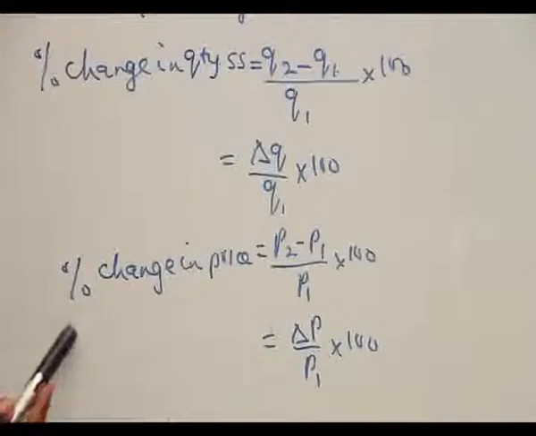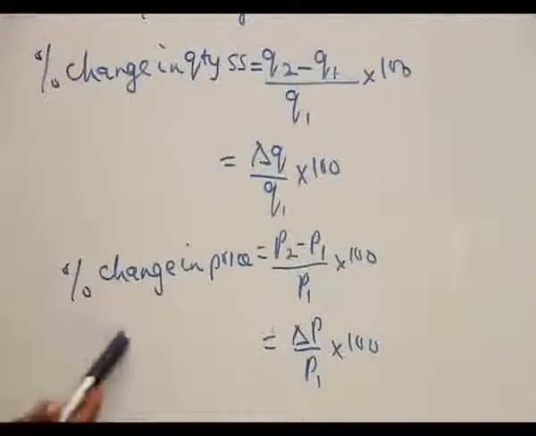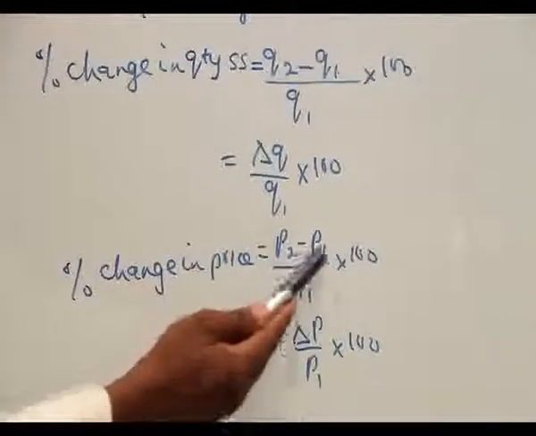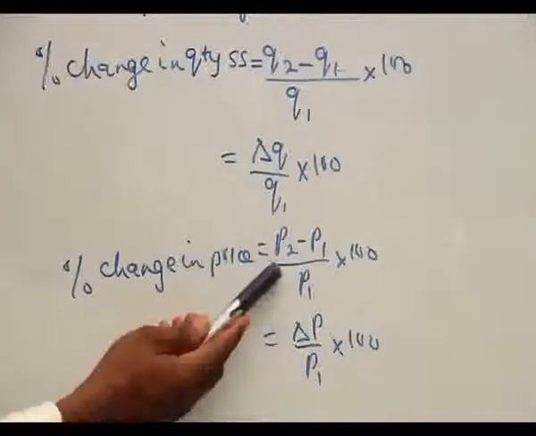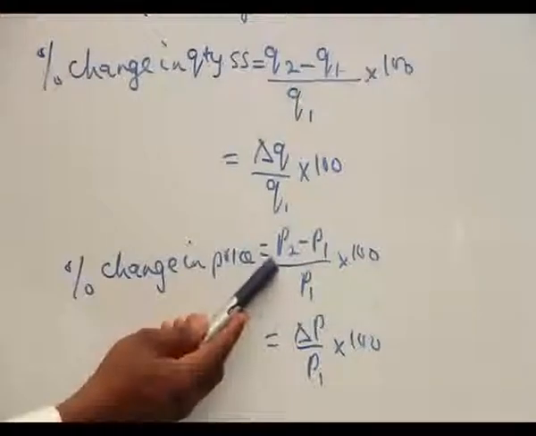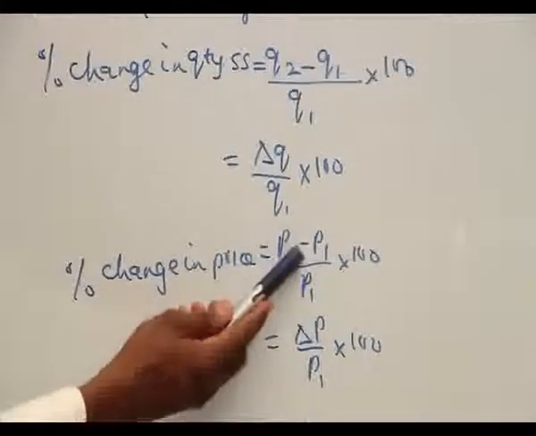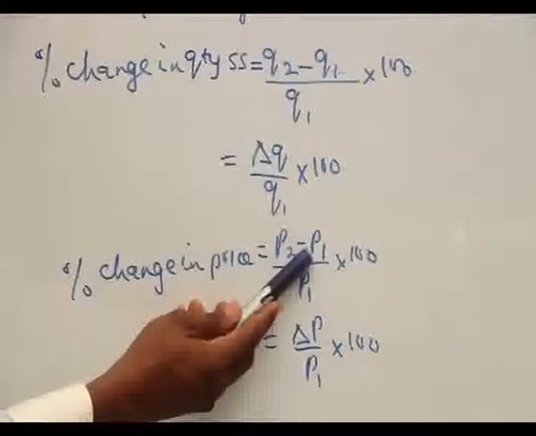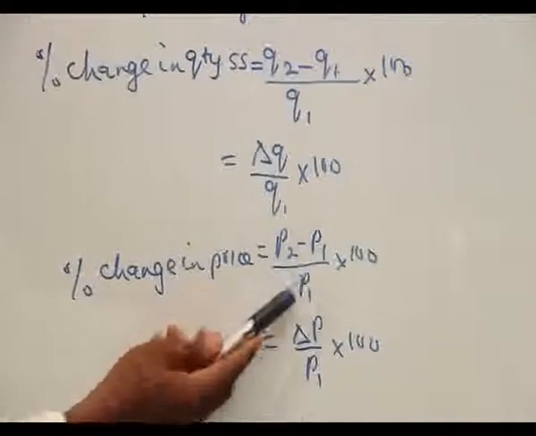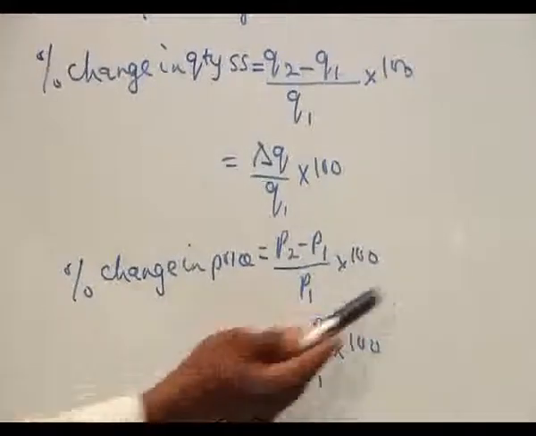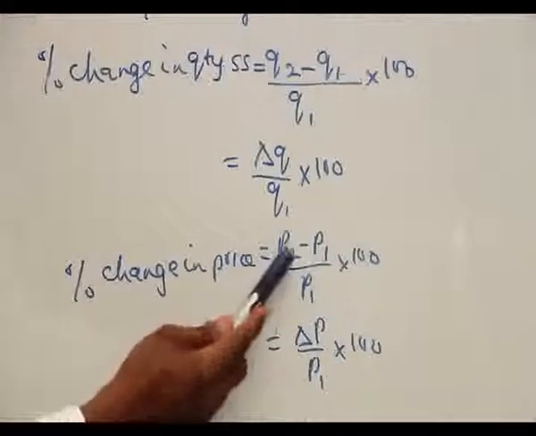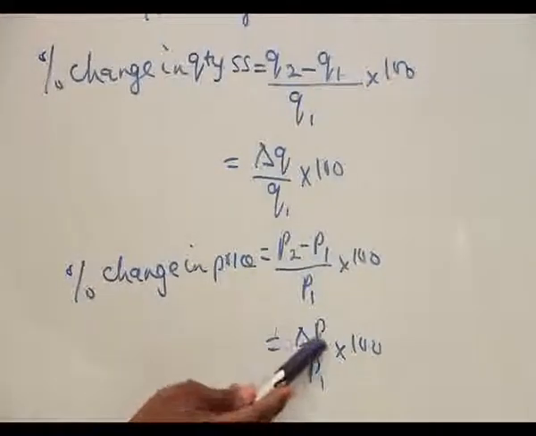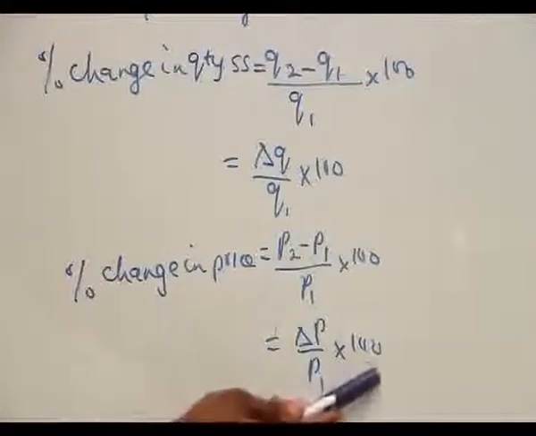We come down to percentage change in price, where we have P2 minus P1 divided by P1 times 100. P2 indicates the current price minus the initial price, that is the previous price, divided by the previous price times 100. The difference between P2 and P1 is referred to as delta P over P1 times 100.